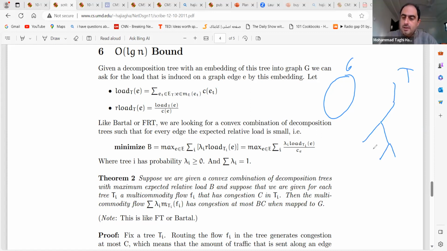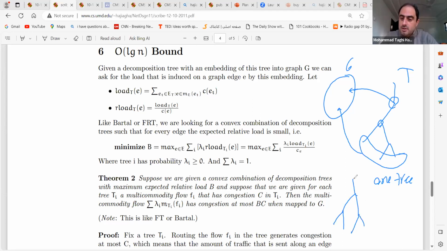The leaves correspond to the vertices here, and each vertex here goes to a leaf. So this is T, and we had these Steiner points, or we could show that actually we have only one tree. This is the first Räcke 2002 result, and then you might have no Steiner points as well, or you can have several. But in this case, we also have several trees.